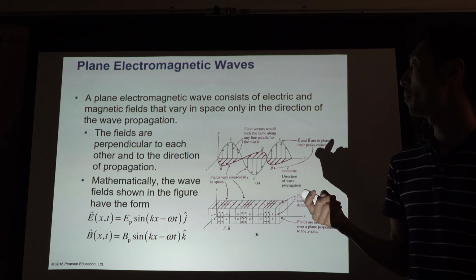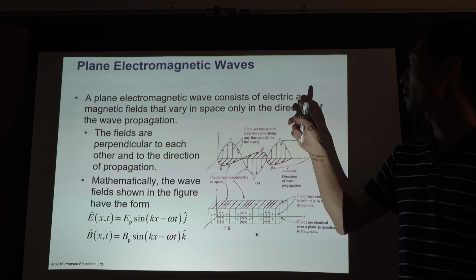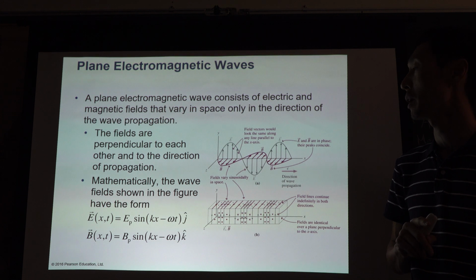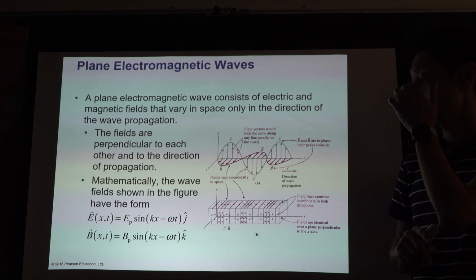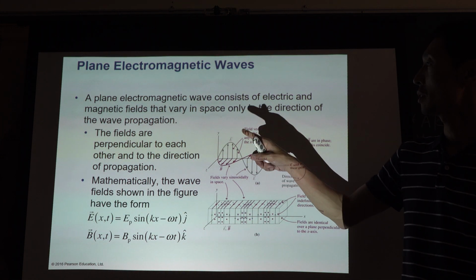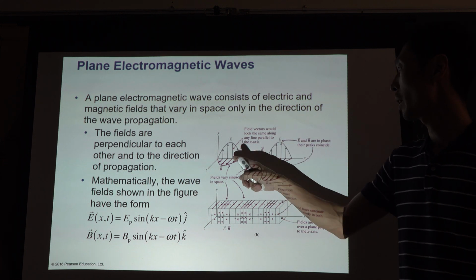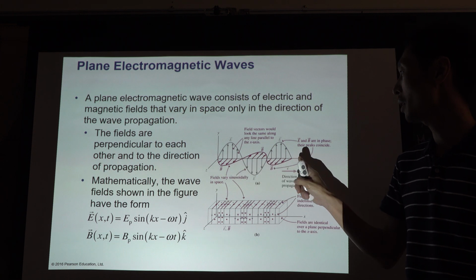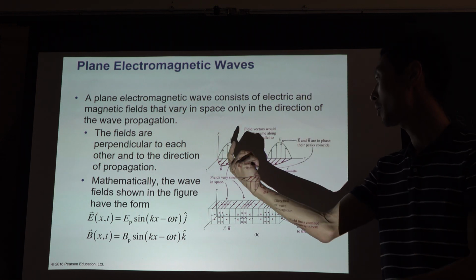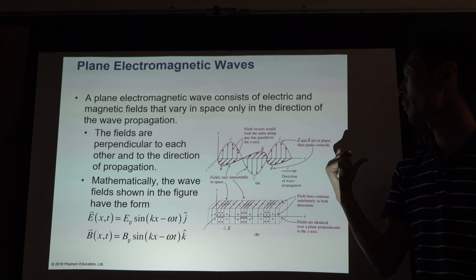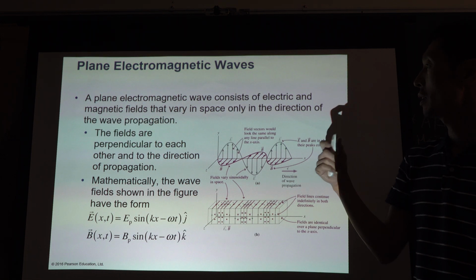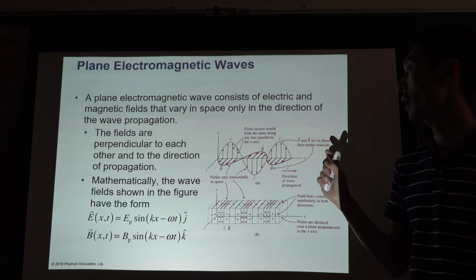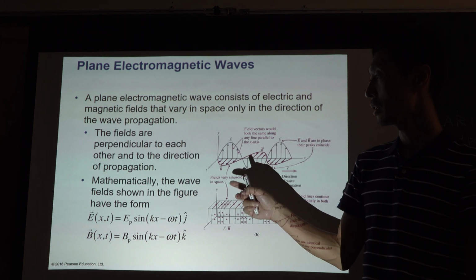A plane electromagnetic wave consists of electric and magnetic fields that vary in space only in the direction of the wave propagation. So imagine this kind of wave. Electric field is going this way and then B is going at a 90-degree angle this way. The fields are perpendicular to each other and to the direction of propagation.